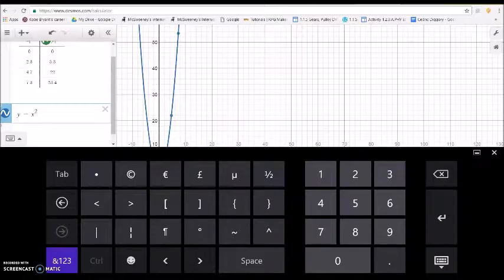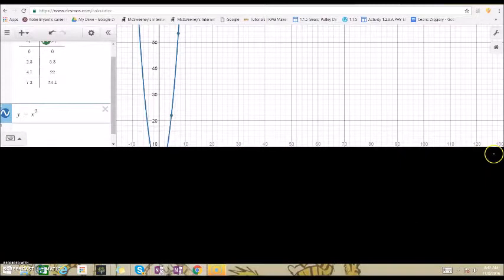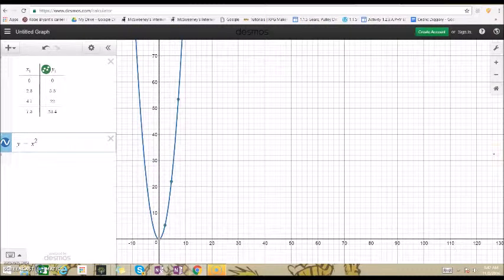So this is what your line of best fit looks like going through your points.